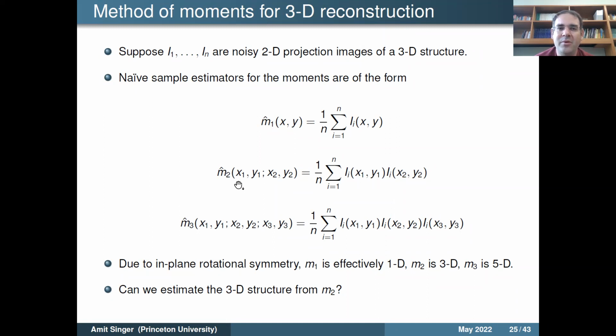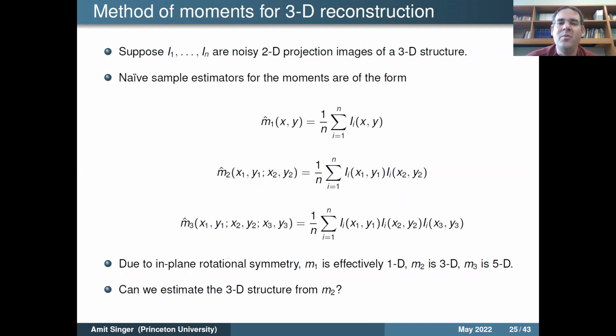Now I'm going to get, you can see it either as a matrix or a 4D array, depending on how you want to look at it. And in the third order moment, I'm going to multiply 3 different pixels, could be the same pixel, but potentially 3 different pixels, and then I'm going to get a 6D array.